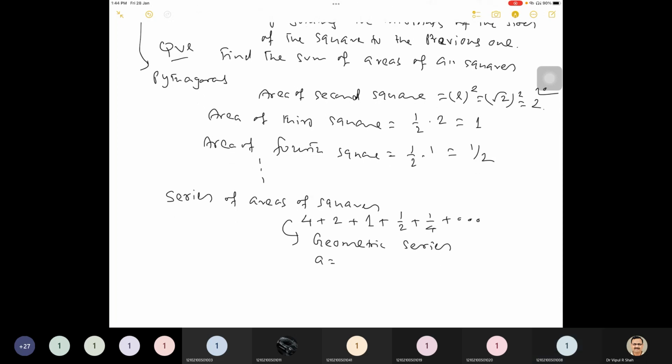What is the first term? 4. And what is the ratio? Is it 1 by 2? Yeah.